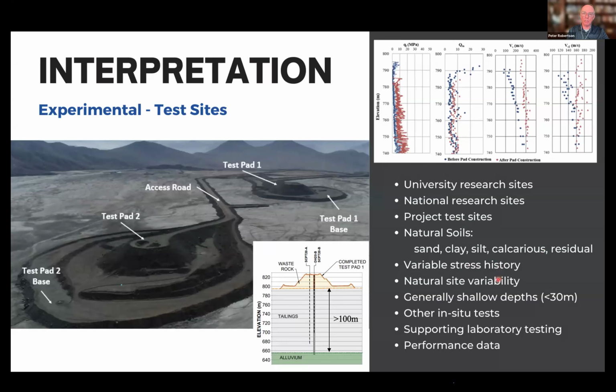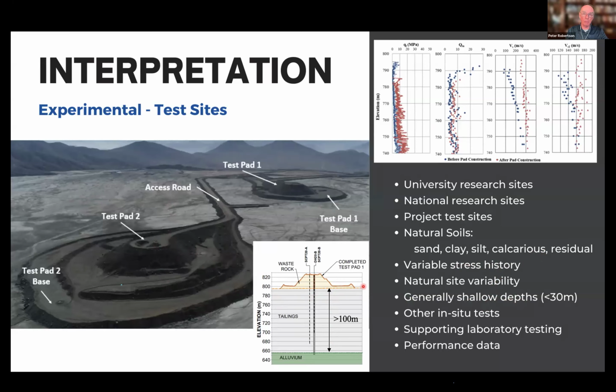They've got variable stress history. They've got natural site variability, generally relatively shallow, although for this tailings dam, the tailings was 100 meters thick, and these pads extended 30 meters in thickness. So that's pretty large scale testing.